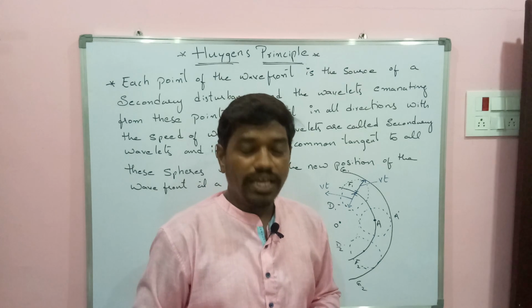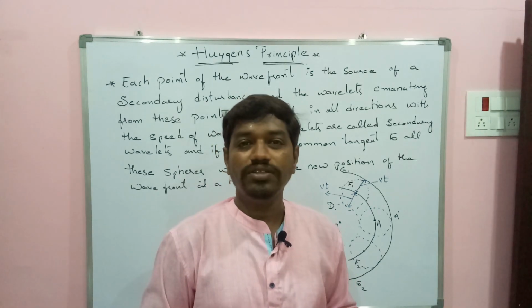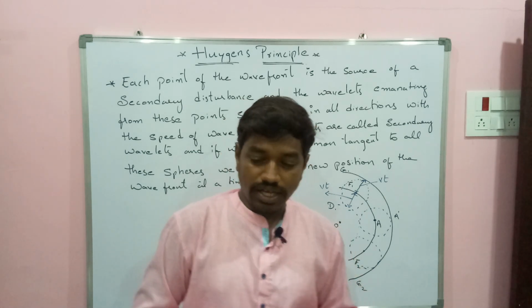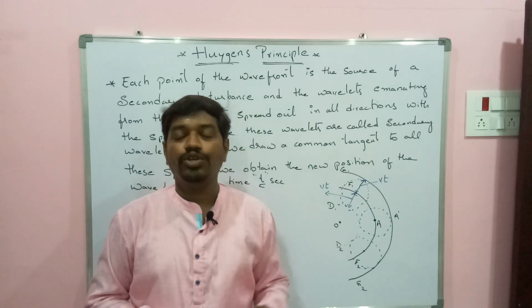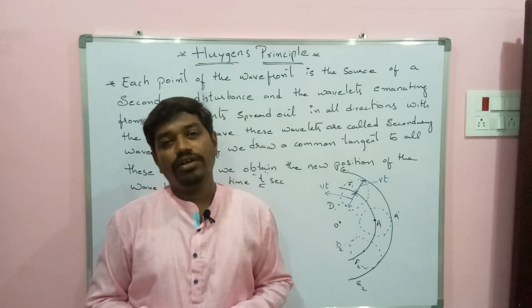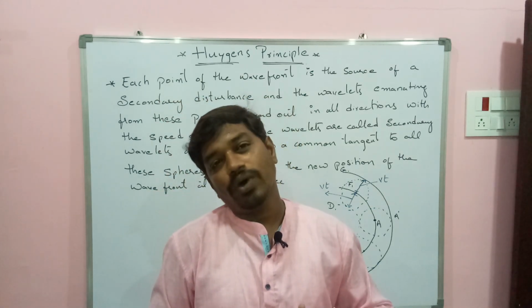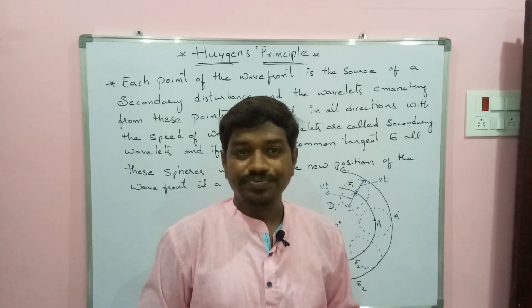We have three types of wavefronts: spherical wavefronts, which are generated from a point source; cylindrical wavefronts, which are generated from an extended source like a tube light; and plane wavefronts. These plane wavefronts are generally considered when the source is very far, we can say at infinite distance from us.